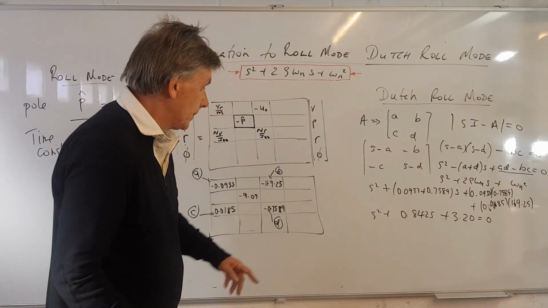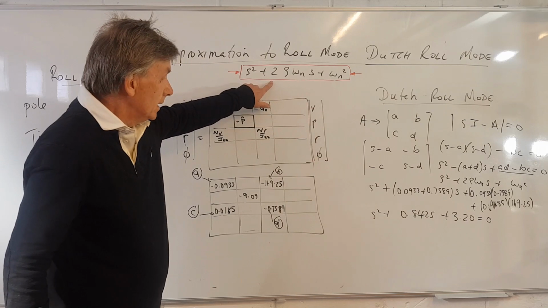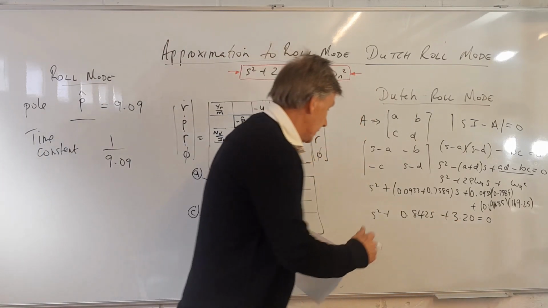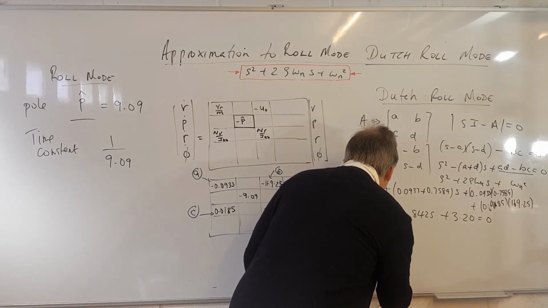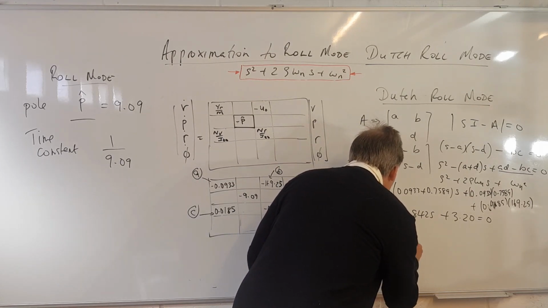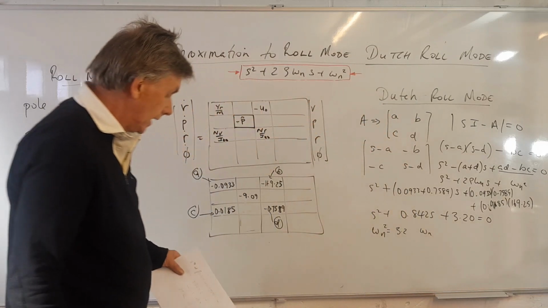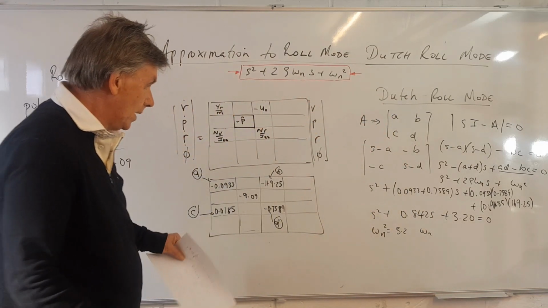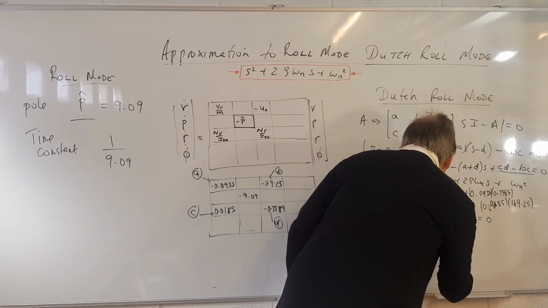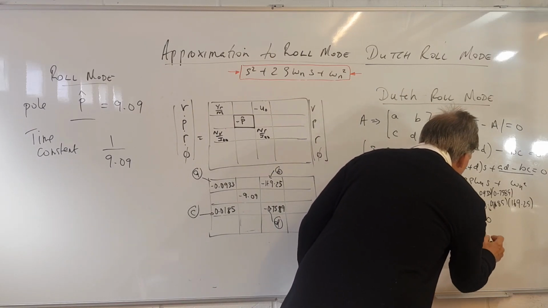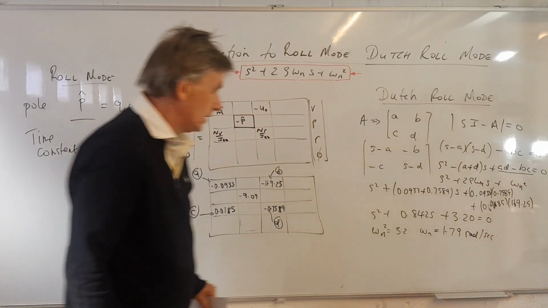This expression is now the same as the standard form. So omega n squared is 3.2, and omega n we get by taking the square root of 3.2, which comes out as 1.79 radians per second.